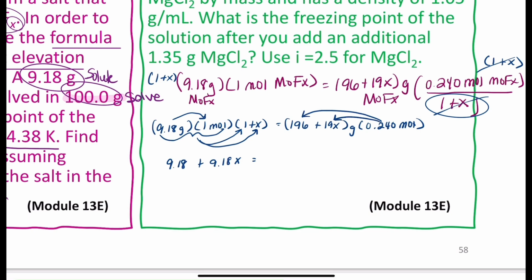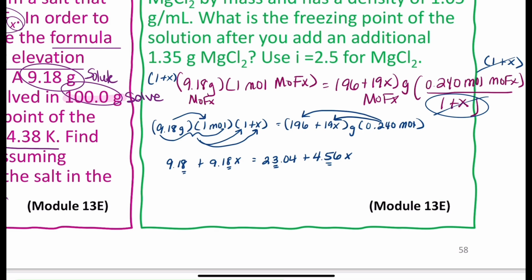Distribute this through this direction. This is going to give me 23.04 plus 4.56x. Now my sig figs here would be here and here. My sig figs here are here and here. Not that it's going to matter. We're going to calculate an I value, and the eventual formula is going to be a whole number, but just in case you are trying to track your sig figs.